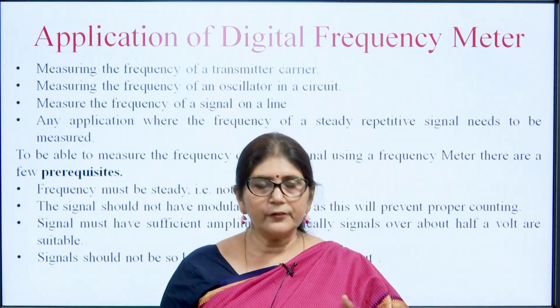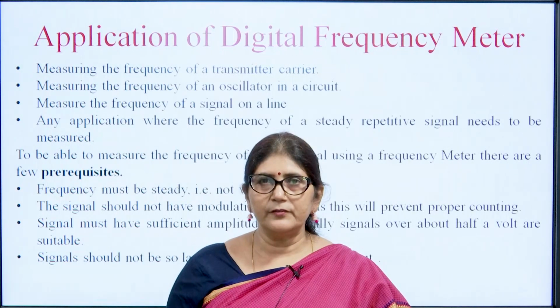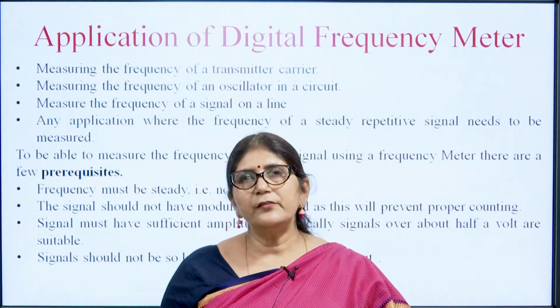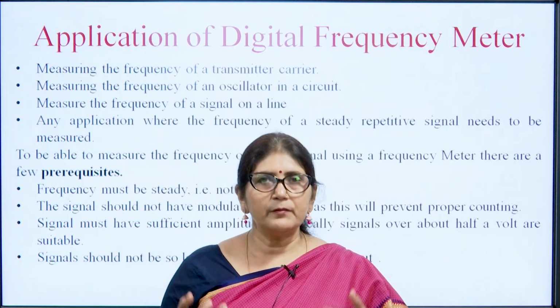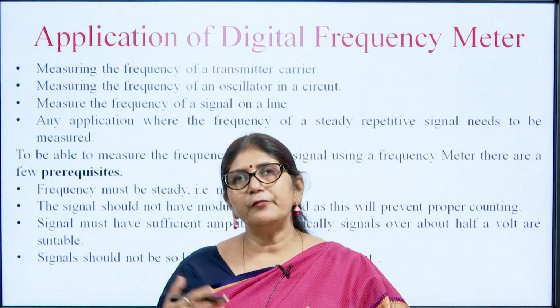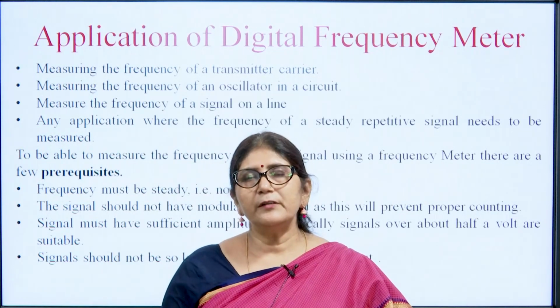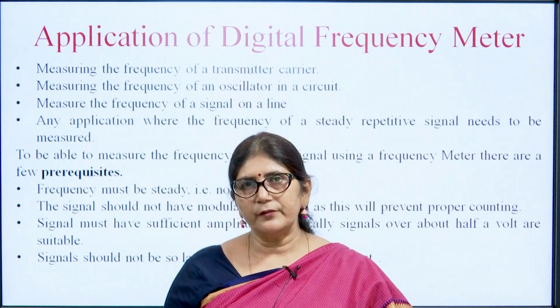Then the signal should not be modulated, because if the signal is modulated the frequency is changed. So, when we want to measure the frequency of a carrier, or an amplitude modulated signal, or a signal that is to be frequency modulated, we have to measure the frequency before the modulation process.